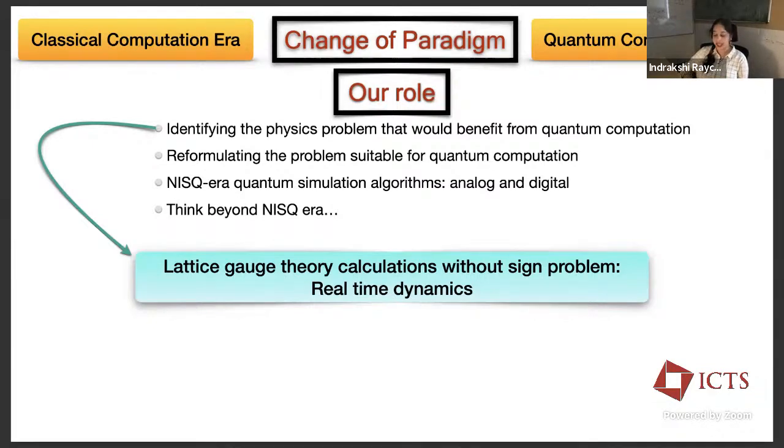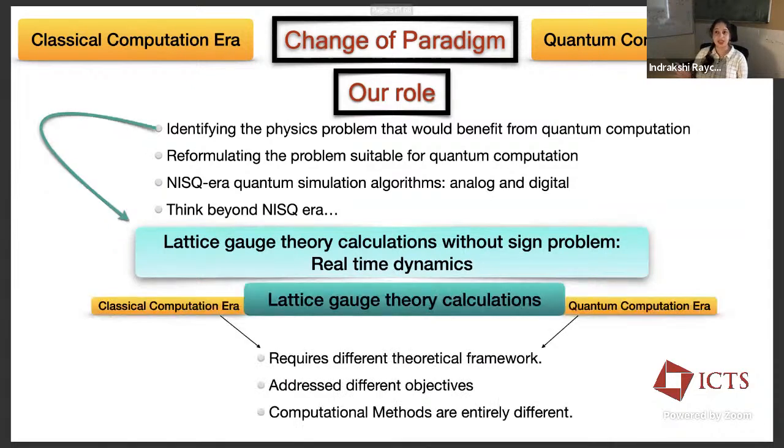However, the lattice gauge theory calculations in these two computation regimes are actually different, because they are orthogonal directions. They require different theoretical frameworks naturally, and they also look for different research directions or different objectives. And the computational methods are also entirely different.